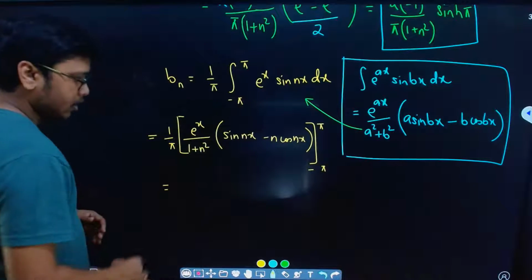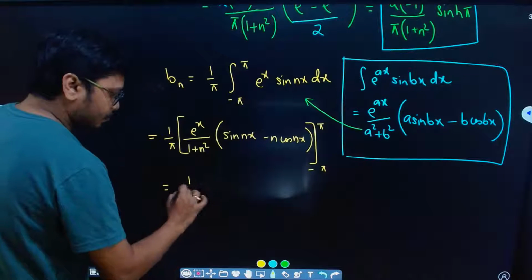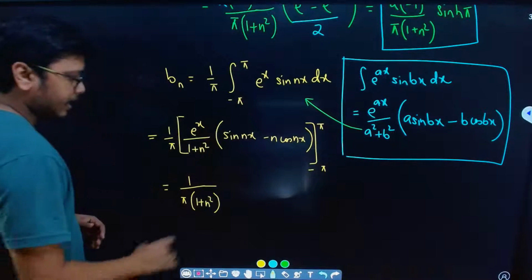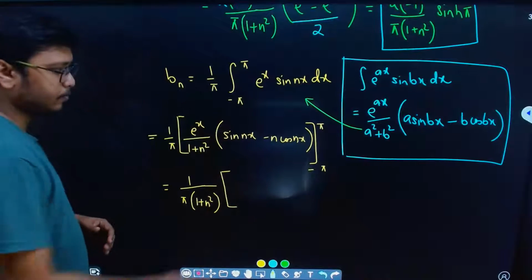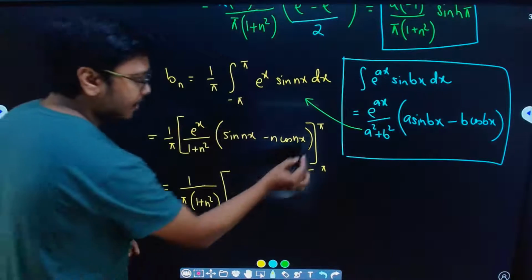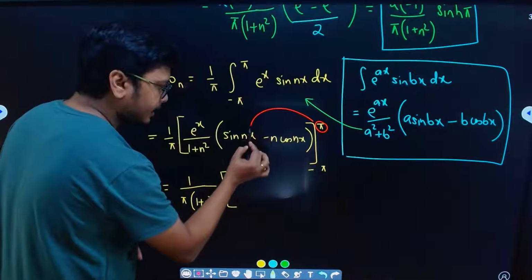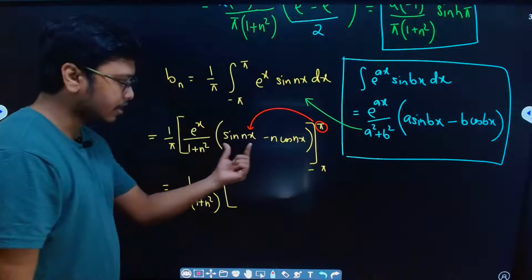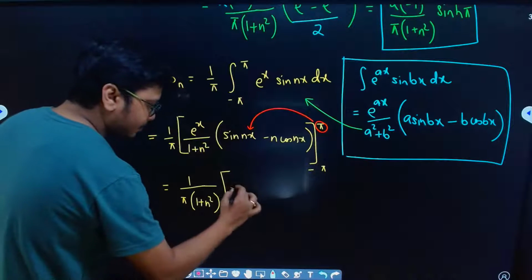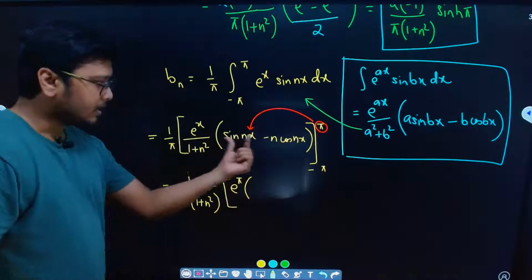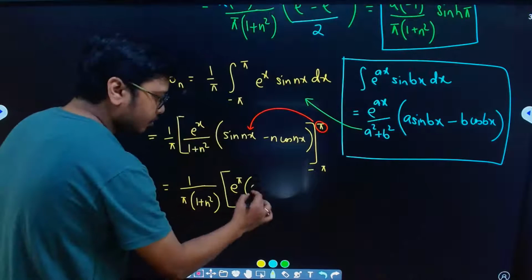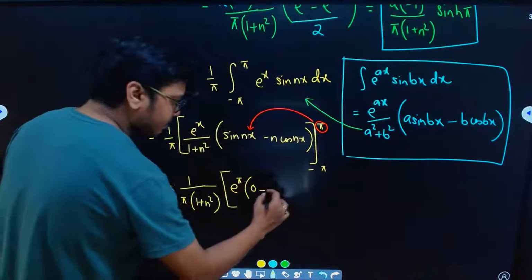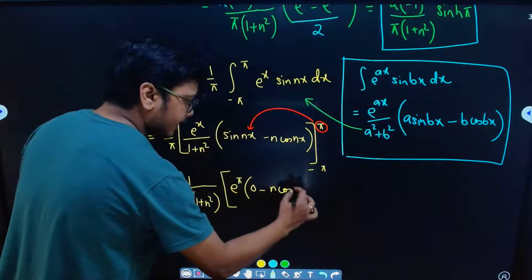Okay, so I'll just bring the 1 plus n square outside. And putting the upper limit, sine n pi is going to become 0. So I'll not write that term. So simply e to the power pi, bracket open, the first term is becoming 0, minus, if I put pi over here, that term remains. So n cos n pi.